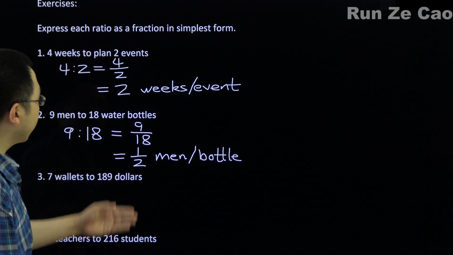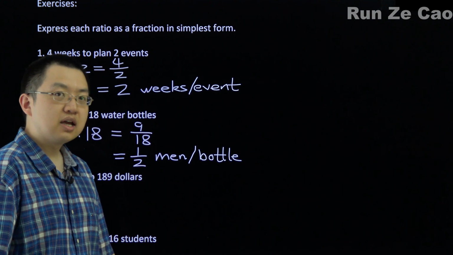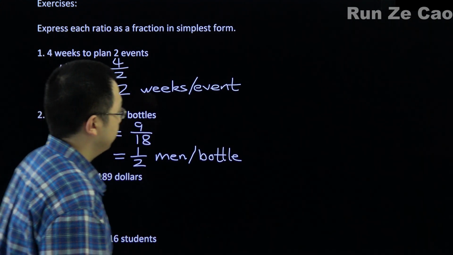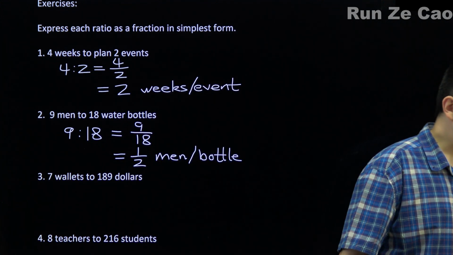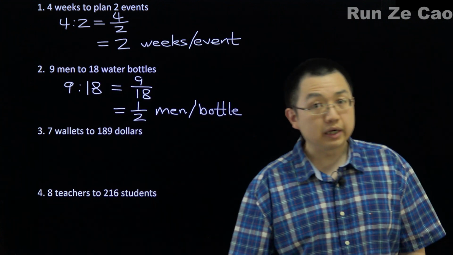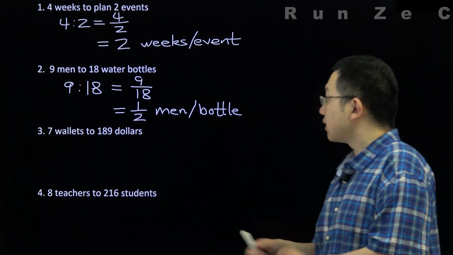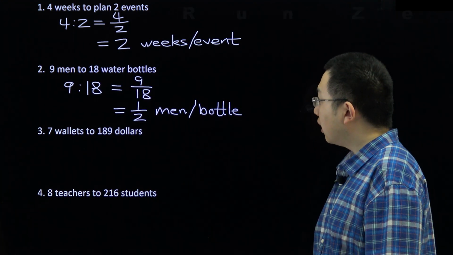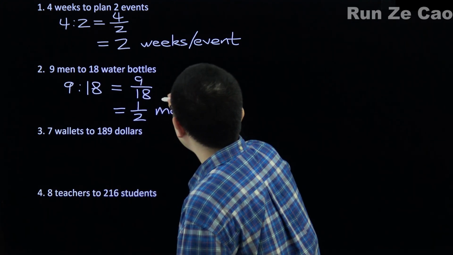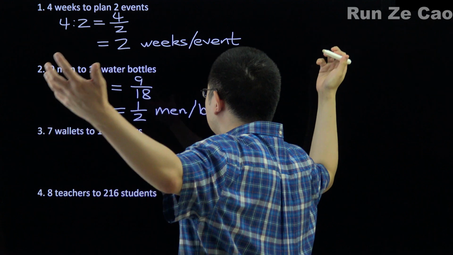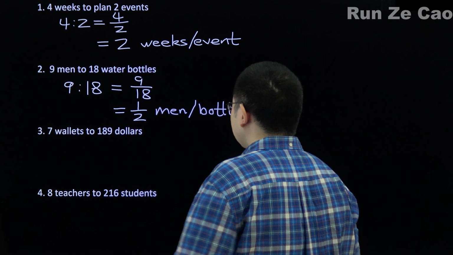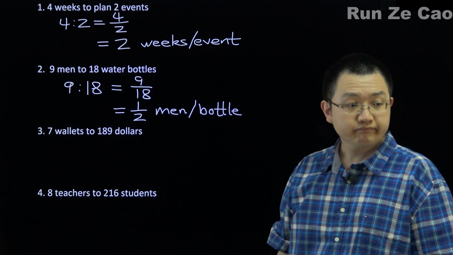If we wanted to express it as a unit rate, then, yeah, we would just give these numbers. But at the same time, this is the appropriate unit for the ratio we have, because this is 9 men divided by 18 bottles. So the units are going to be men over bottles. So men per bottle. Yeah.